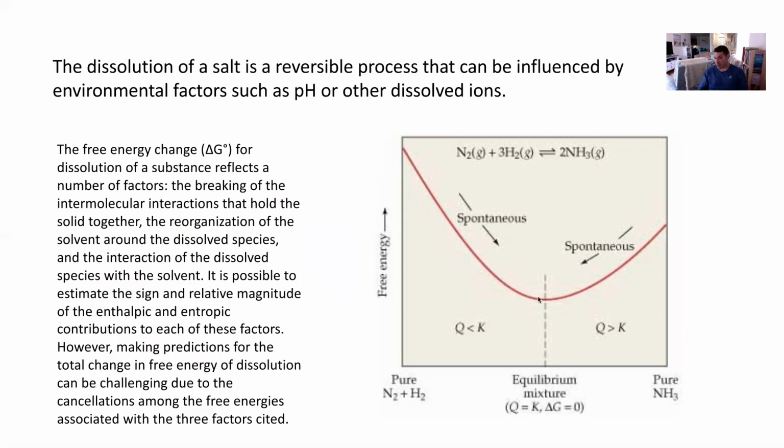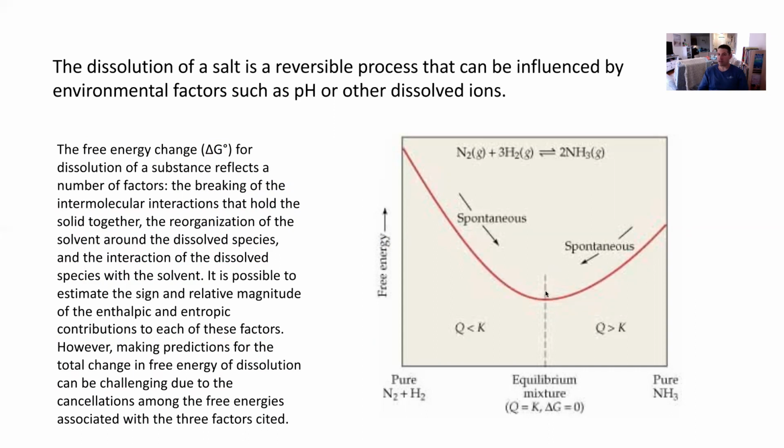The one thing I'm going to mention now, and we will revisit it in Unit 9, is that at equilibrium, delta G equals 0. So when Q equals K, the reaction quotient equals the equilibrium constant, the change in free energy is 0. And I want you to think about this image here. In a chemical equilibrium, if we're thinking about a graph of free energy, it's going to look like a valley.